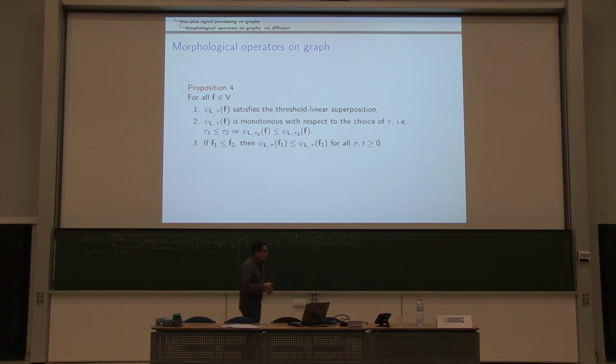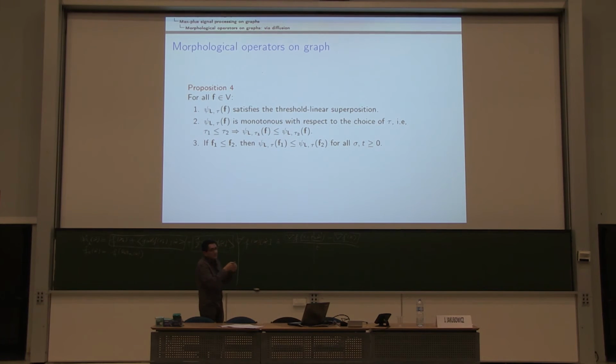So we have some properties. It's easy to show that, by definition, the operator is threshold linear, but we can decompose by level set, because the definition is simple. We have these order properties in tau. That's interesting. If we increase the value of tau, we keep the order between the results of the operators.